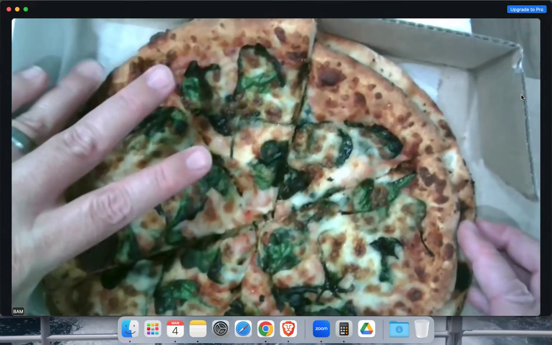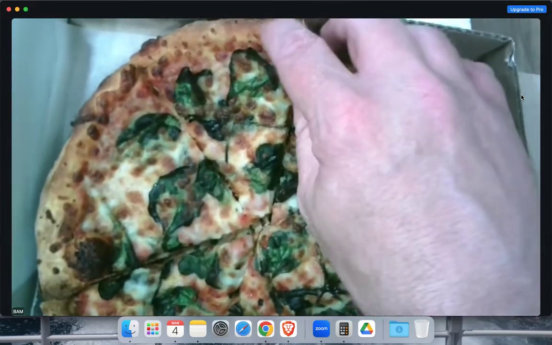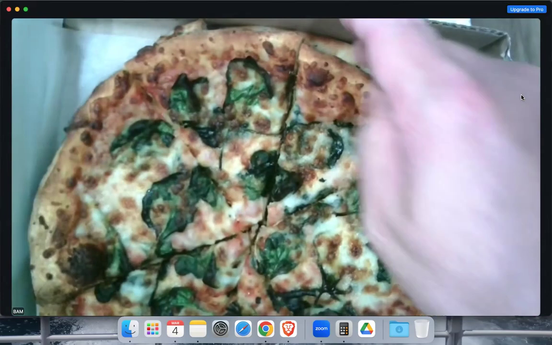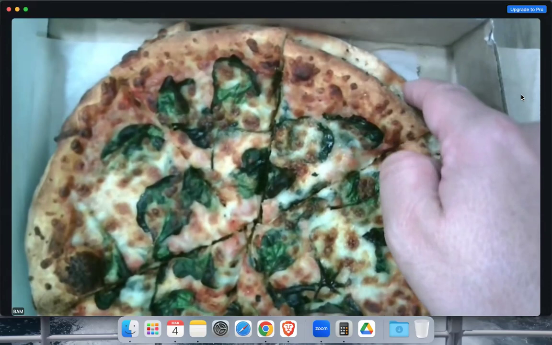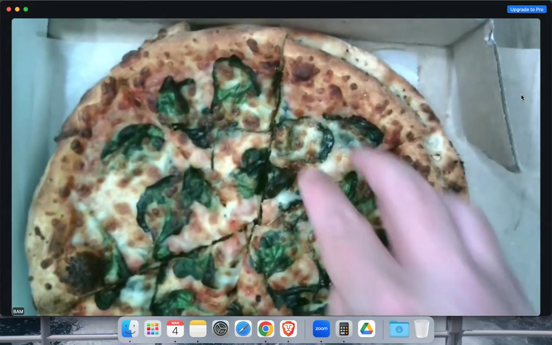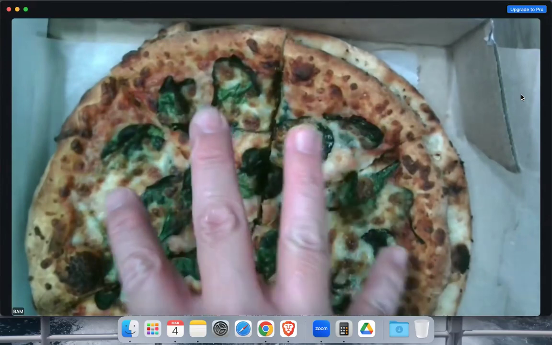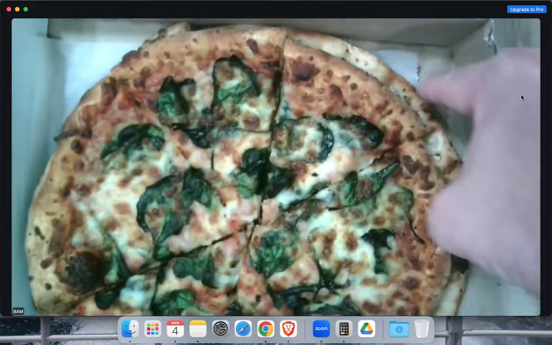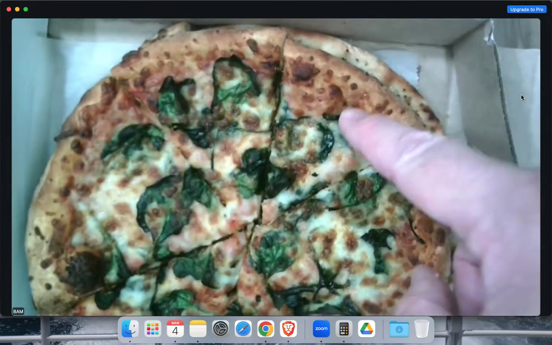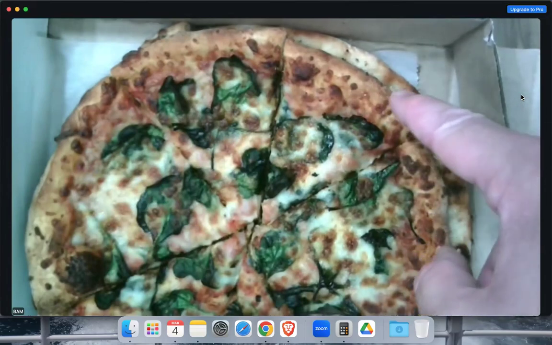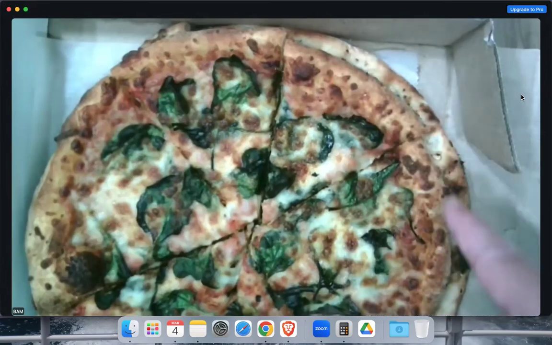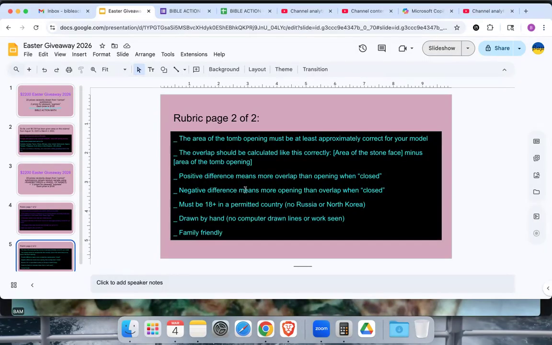And now the stone, it doesn't fully cover the opening. There's a little bit left. So if we get the area of the stone and subtract the area of the tomb, we're going to have little minus big, which is negative. And the negative means that there's more open than overlap. A negative difference means there's more opening than overlap.